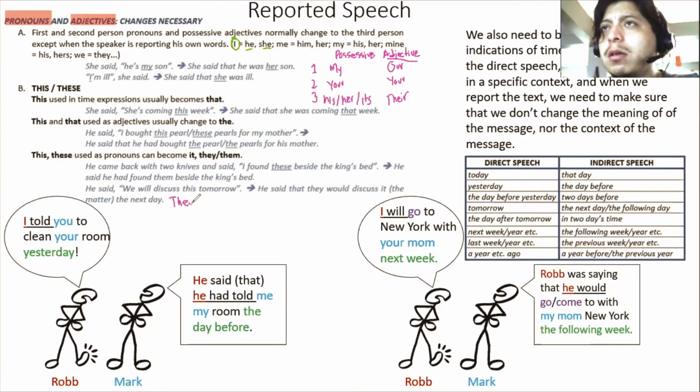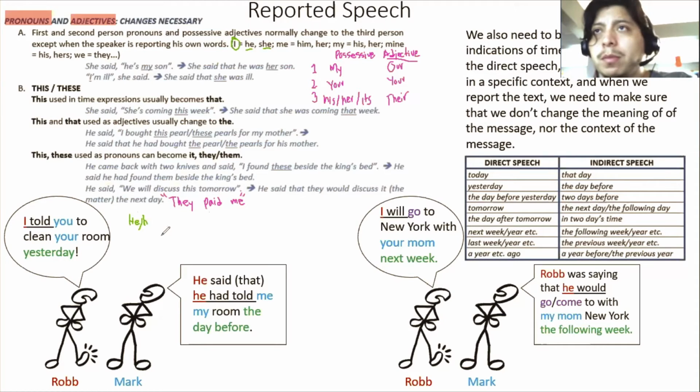They paid me. Okay. So when you have "they paid me," this is the direct speech. In the reported speech, we say he or she. We don't know who's talking.